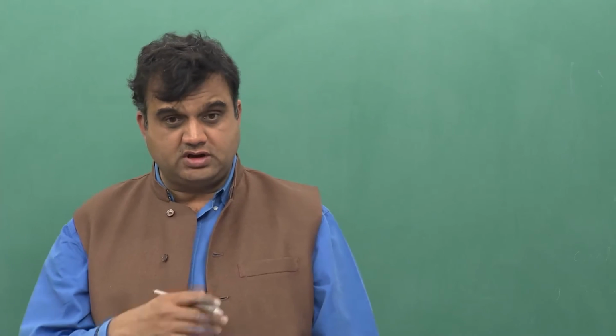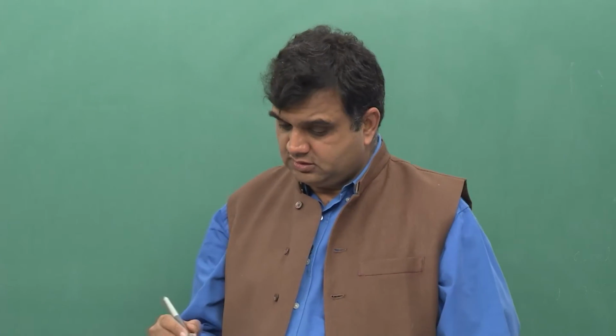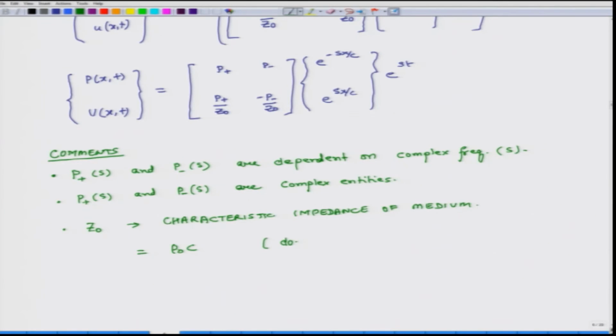If you change the medium, then Z naught changes, but the boundary conditions do not influence the value of Z naught. So, it does not depend on boundary conditions, or the length of the tube or whatever. It only depends on the nature of the medium. And the other thing is that it is a real quantity. It is not a complex number because rho naught is real and C is also real.